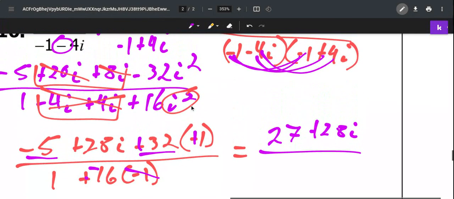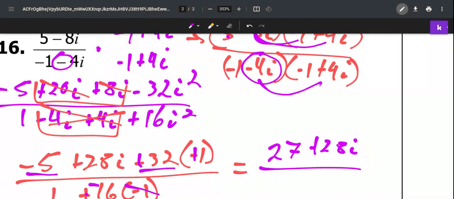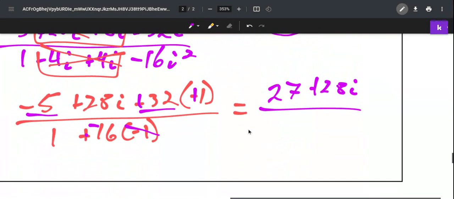Let's backtrack a minute. I made a mistake. My bad. When I did this portion right here, I jacked it up. This negative times this positive would make this portion negative. So I'm glad I caught that because I would have looked like a fool.